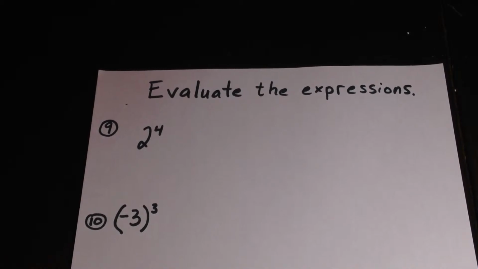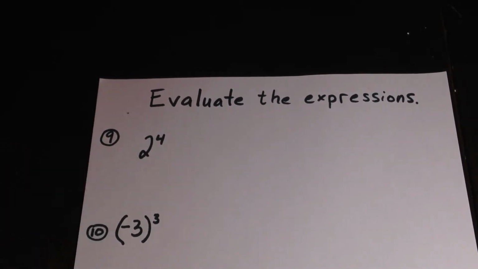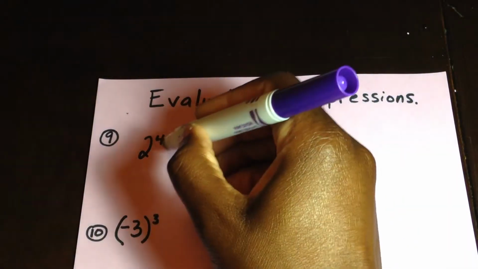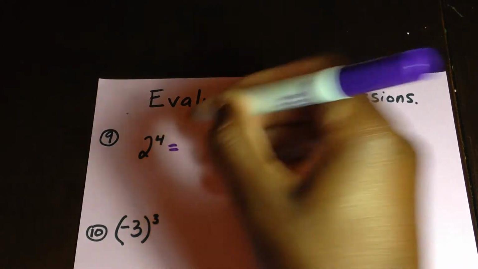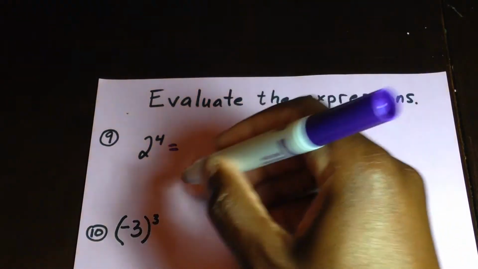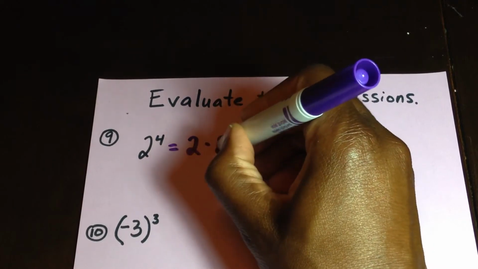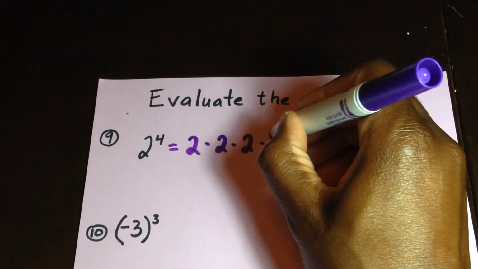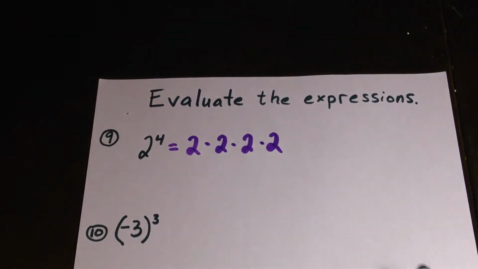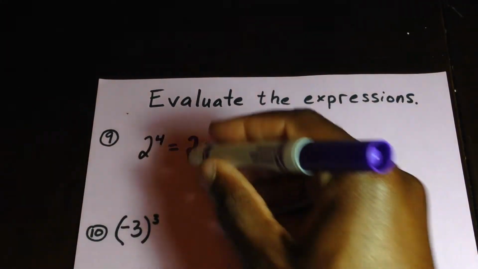Okay, so let's begin evaluating. The first expression is 2 to the 4th power. What I'm going to do is first write it in expanded form, as we've done with all the exponents that we have. So it's going to be 2 times 2 times 2 times 2. And again, to evaluate, I'm going to do the multiplication step by step.